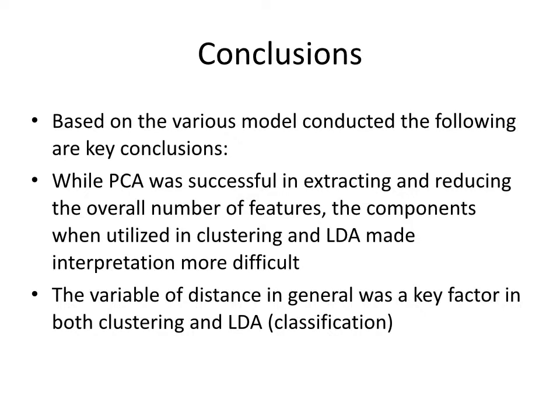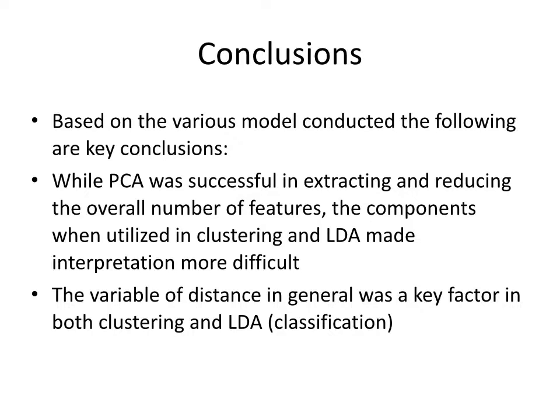In conclusion for our project, based on the various models we conducted, the following are some of the key conclusions we were able to come up with. While PCA was successful in extracting and reducing the overall number of features, the components when utilized in clustering and LDA made interpretation a bit more difficult.